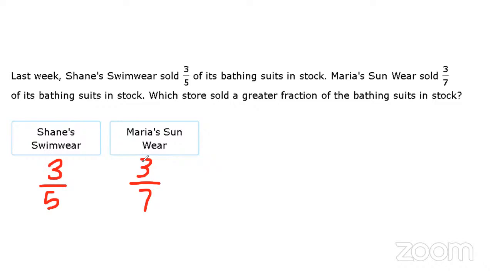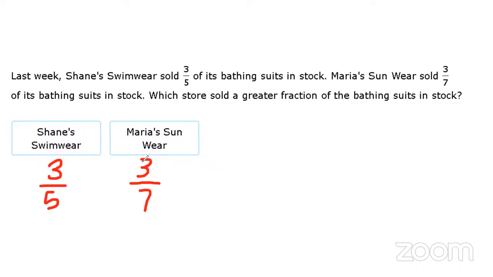So I'm going to allow you guys to share the answer. Is it Shane's swimwear who sold the greater fraction of bathing suits in stock, or is it Maria's sunwear? And I want you to tell me why in the chat. Why did you choose Shane, or why did you choose Maria's sunwear? There is a basic principle or rule when you're comparing fractions that looks like this.